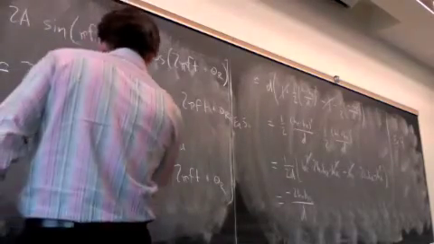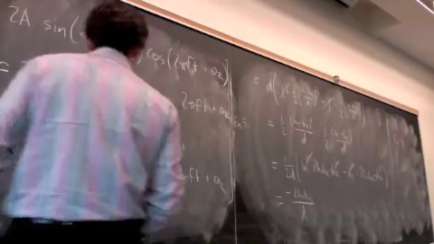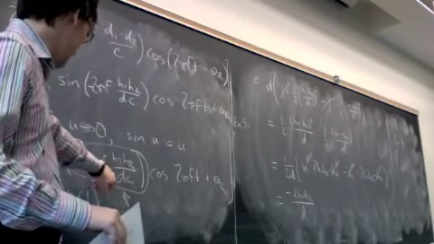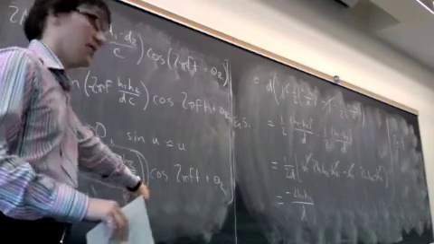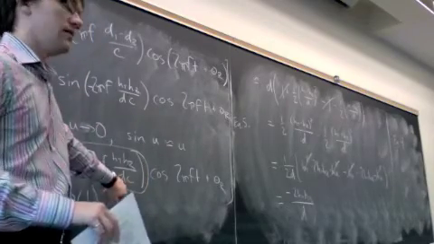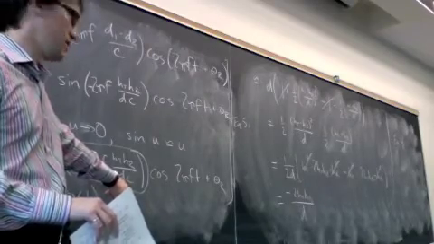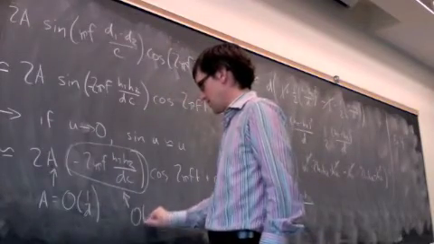Now this term contains, well, what are these things? 2 is a constant, pi is a constant, f is a constant, ht, hr constant, speed of light is a constant. d is a function of the distance from the transmitter to the receiver. So this expression here is order 1 over d as well.